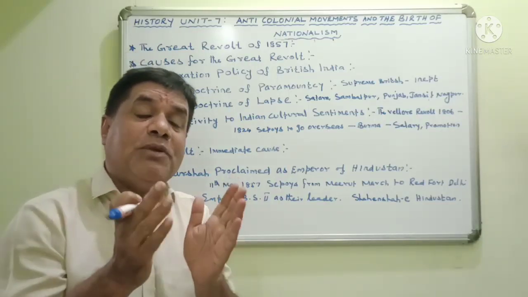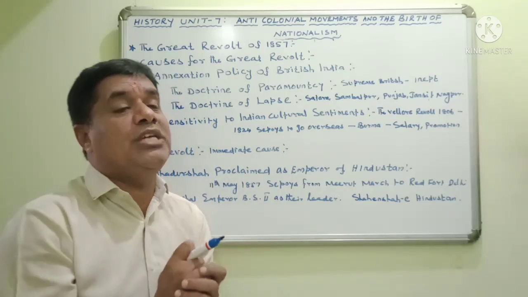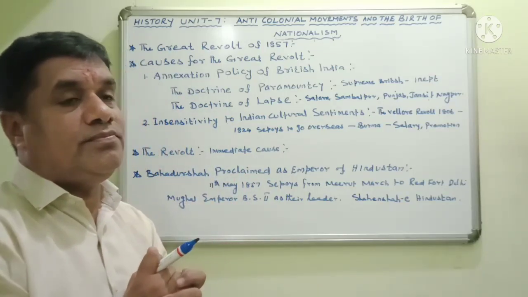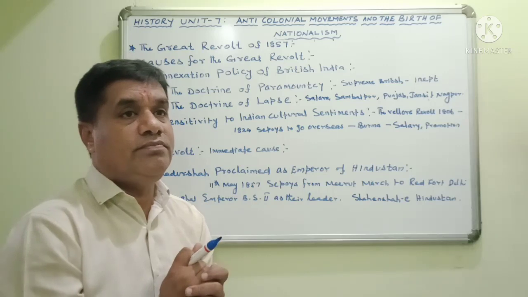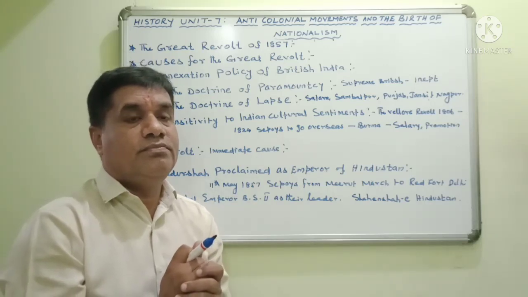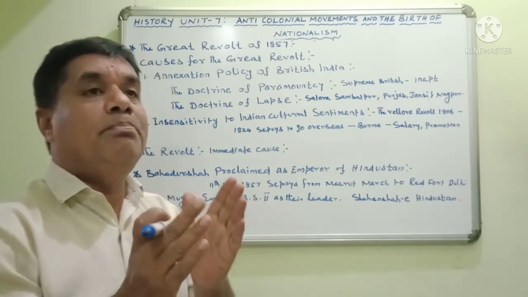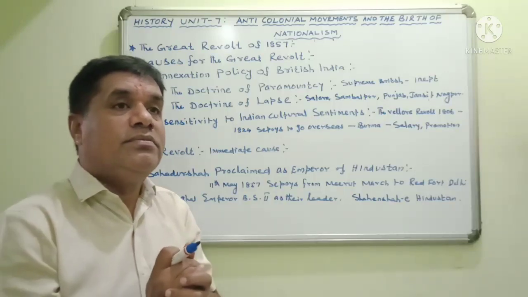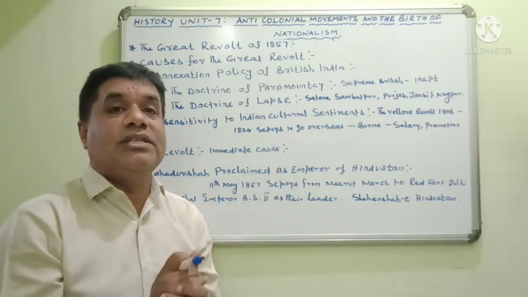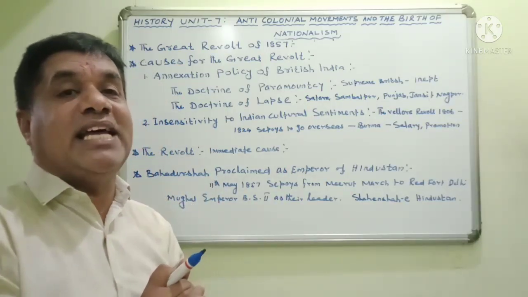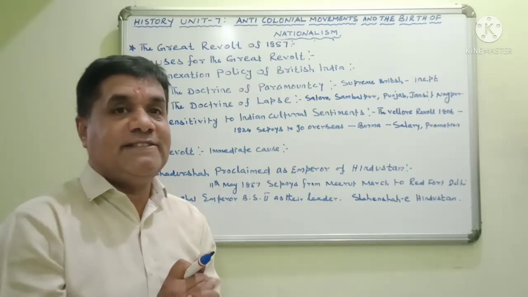The new turban was rejected by both Hindus and Muslims. So the Britishers suppressed the Indian sepoys.